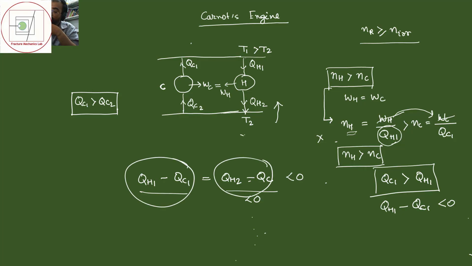You're taking heat from cold reservoir and giving to the hot reservoir. Okay. And in doing this, you are not doing any work. Neither a work is being done on the engine nor the work is being done by the engine on the surrounding, and therefore there is no net work which is remaining, which is unbalanced.